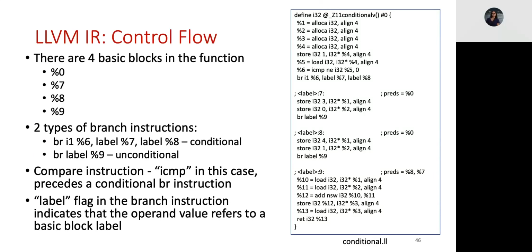We're referring to %7, which hasn't been defined yet, and in SSA, you cannot really use a value before it's defined. So you're going to notice that there's a label tag when we are talking about basic blocks to identify these as basic blocks and not regular SSA values to worry about.